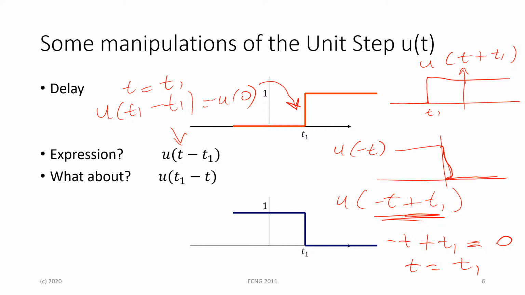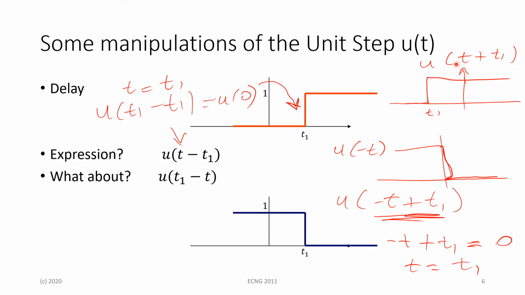However, in this case, the sign in front of t is negative. Once that sign is negative, the directions of shifting are going to be the opposite. So because the sign of t here is negative, when we go positive t1, the shift goes to the right instead.